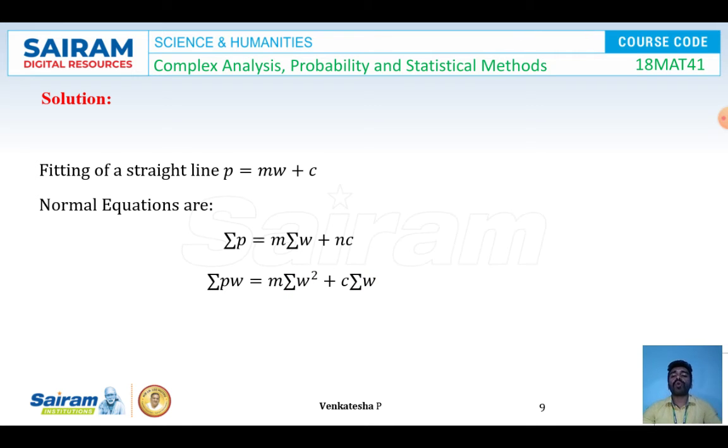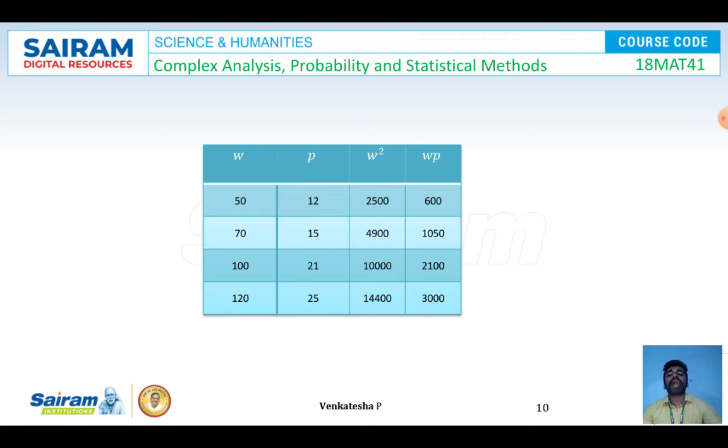So now I'm going to calculate the value of summation P, summation W square and summation PW by using a tabular column. The tabular column must contain W, P, W square and WP. W is given by 50, 70, 100, 120.